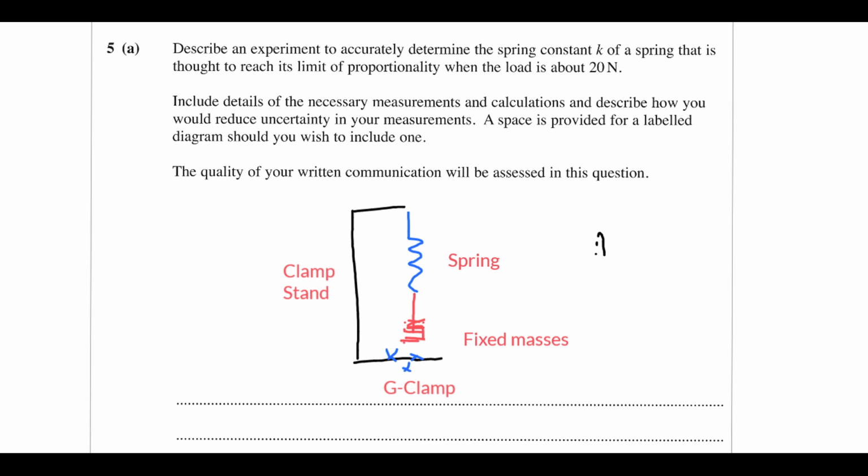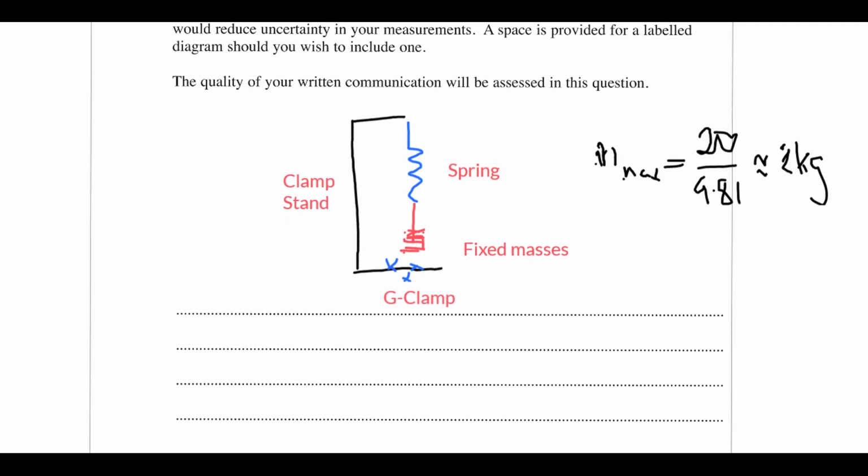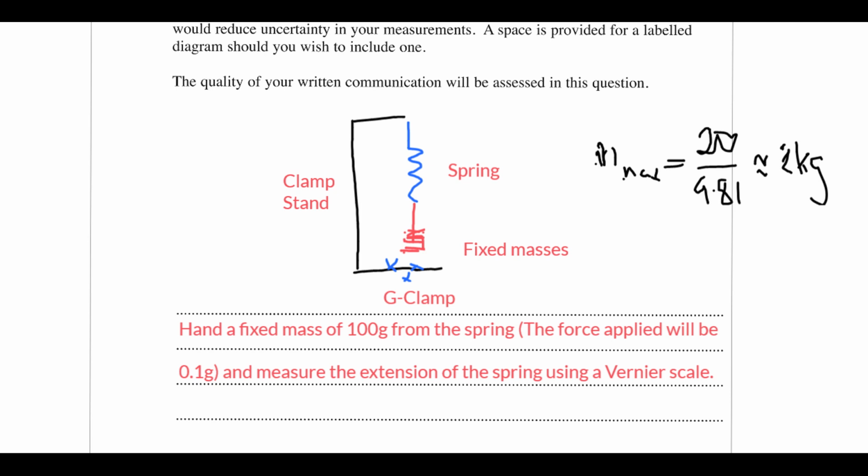The maximum mass is going to be 20 divided by 9.81, which is roughly 2 kilograms. So the maximum mass wants to be under 2 kilograms. I'm going to keep it under 1 kilogram just so we're absolutely safe. So we'll start off at 100 grams. Why not?